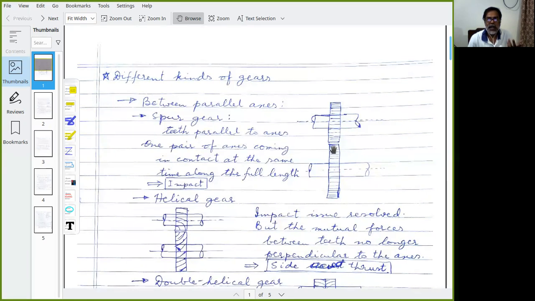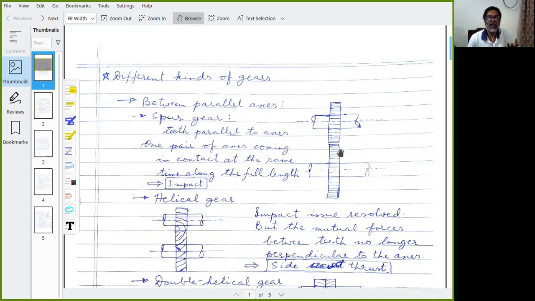Contact ratio means at any time, how much, I'm not telling how many, I'm telling how much of this gear's teeth engage with the partner. I said how much because it is not 1, 2, 4 kind of thing. It is 1.3, 1.4.